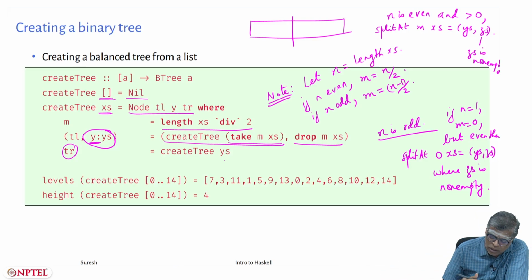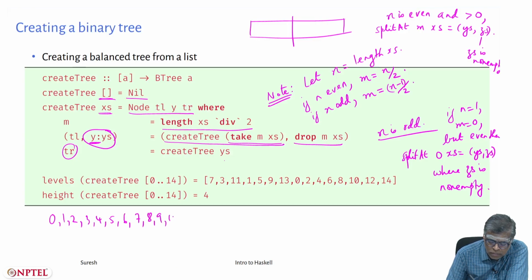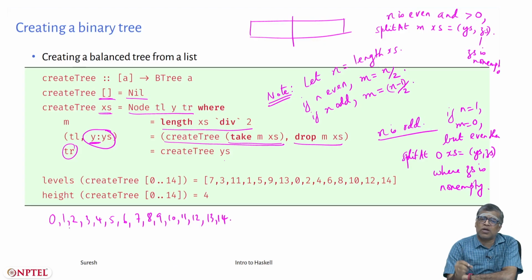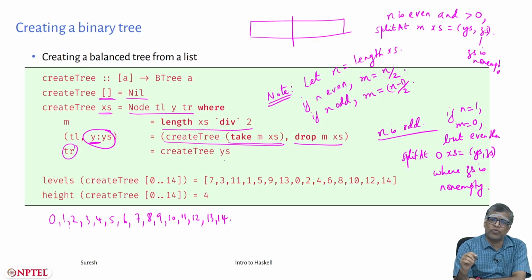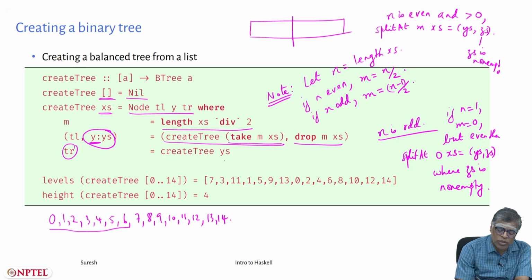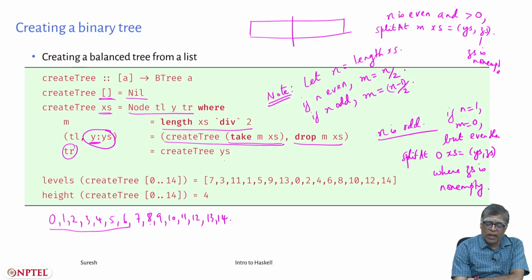So if I start with 0 to 14, there are 15 elements here, and m, which is n div 2, will be 7, because 15 div 2, and that would mean that your left tree is formed using elements from 0 to 6, and the right tree is formed using elements from 8 to 14, and 7 is the root.